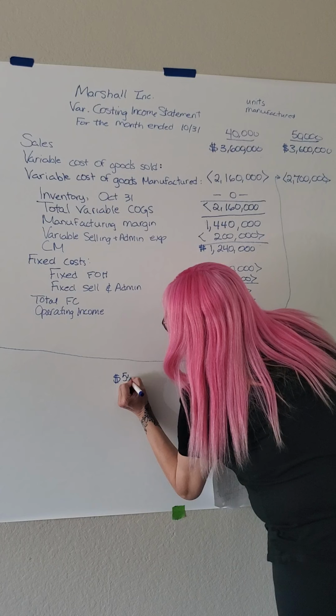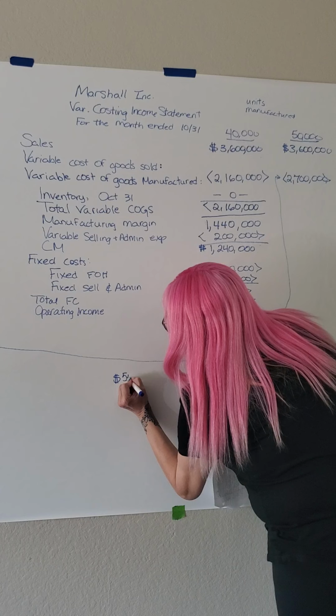So once we know the total cost of goods manufactured at 50,000 units, we can calculate out the unit cost at 50,000. So our unit cost is done by taking the 2,820,000 cost of goods manufactured, dividing it by 50,000 units, and that's going to give us a total of $56.40 per unit under absorption costing.